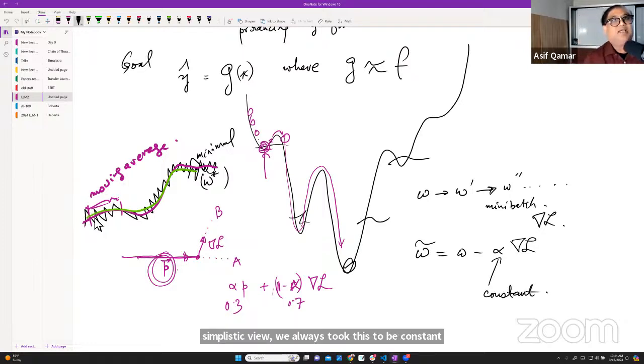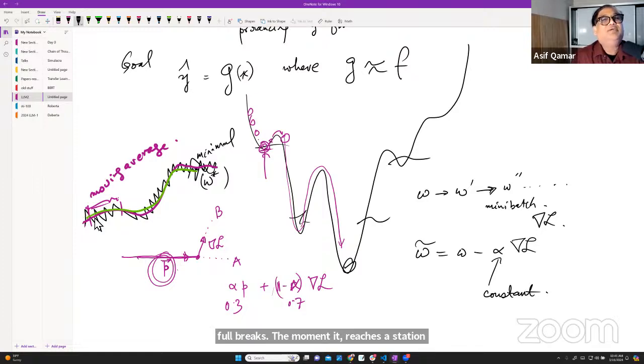But actually, what happens is you don't want to do that. One analogy that I'll give you is when your plane is landing, or your train is approaching a station, or a bus is approaching a station, it doesn't move at the same speed and then put absolute full brakes the moment it reaches a station.